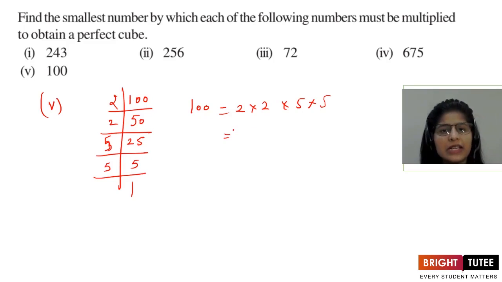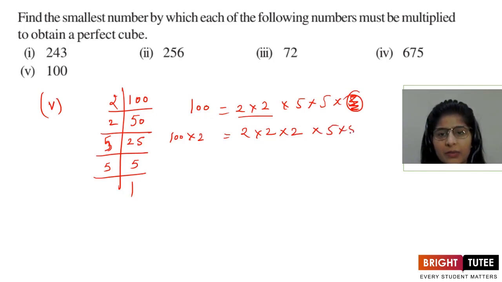So 2 2s are 4 and 5 5s are 25. Can we make even a single triplet? We are not able to make a triplet. So what should we do? To make this pair a triplet, we need to add 1 2. So I have also multiplied both the sides with 2, and here we need to multiply with one more 5, right? So in the next step we will add one more 5 into it, right?